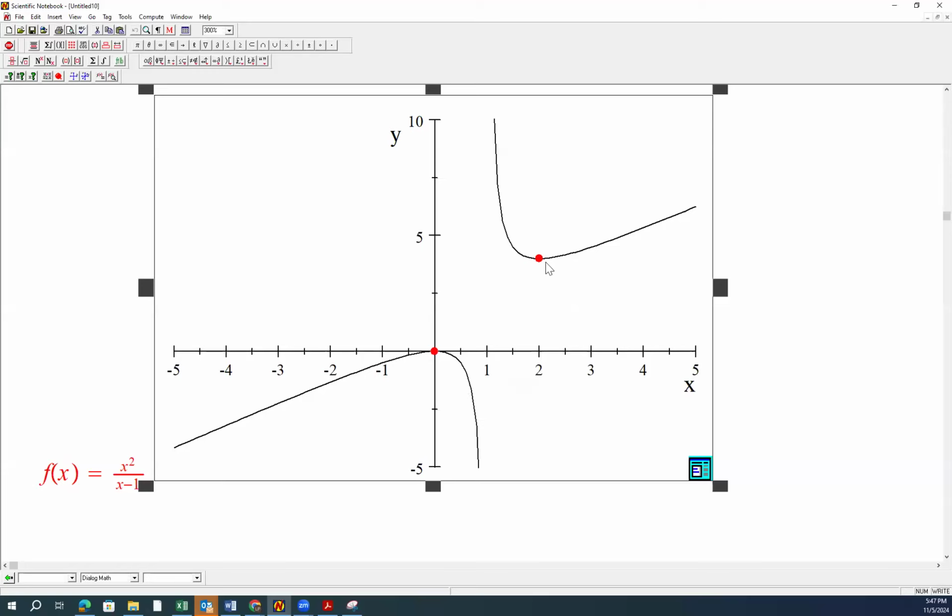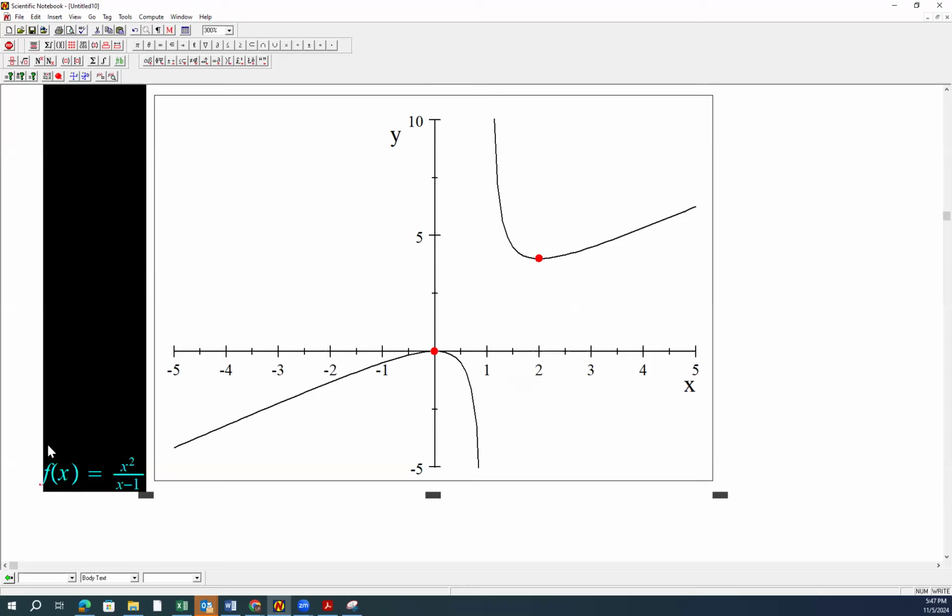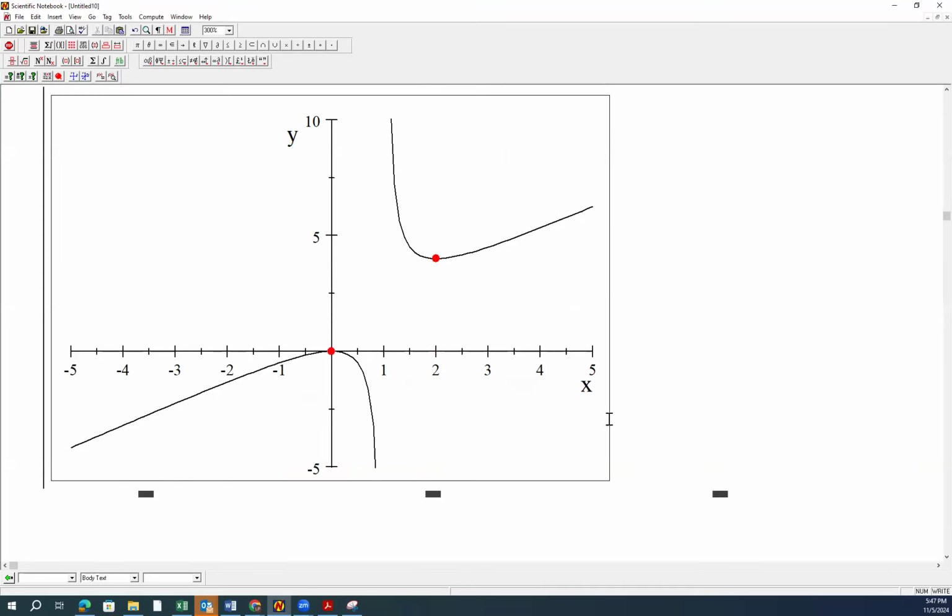Okay, so recall the definition of local max, local min, right? It's just in a small neighborhood, we have, it is the highest, right?